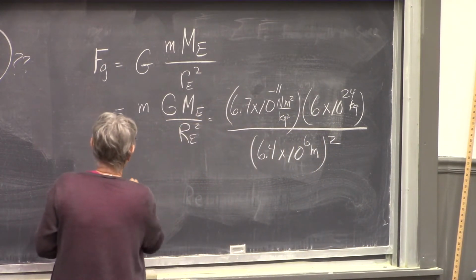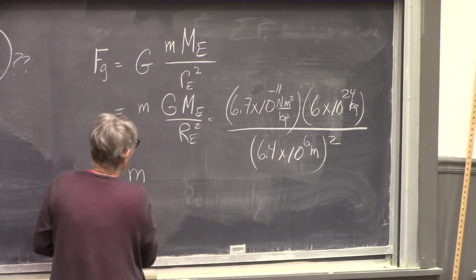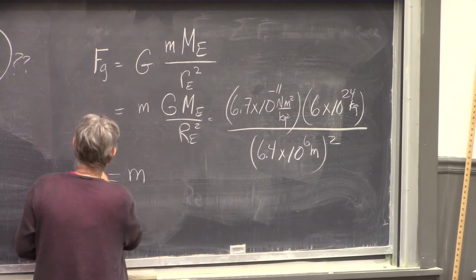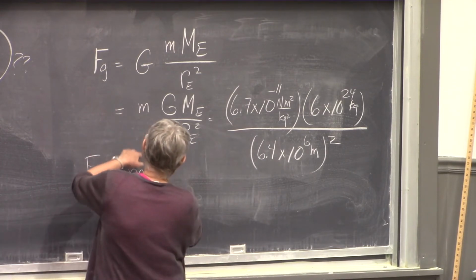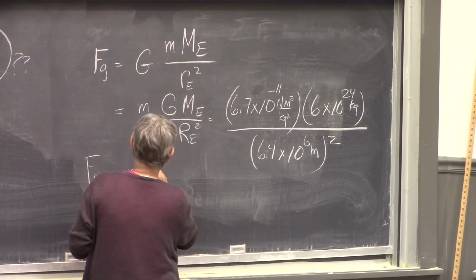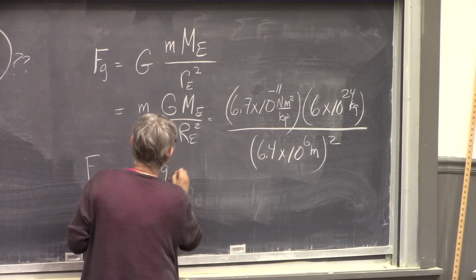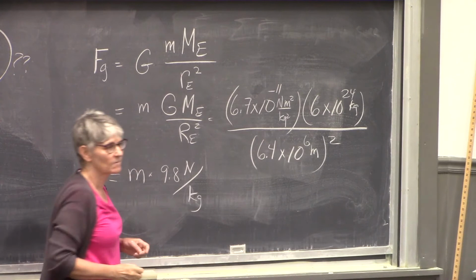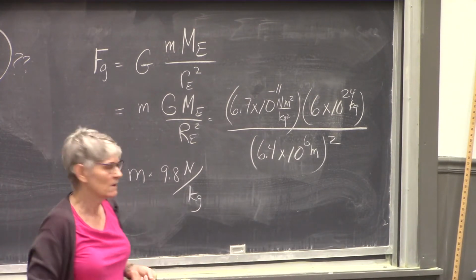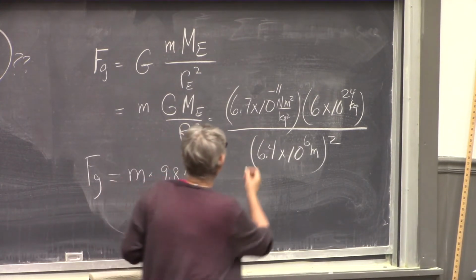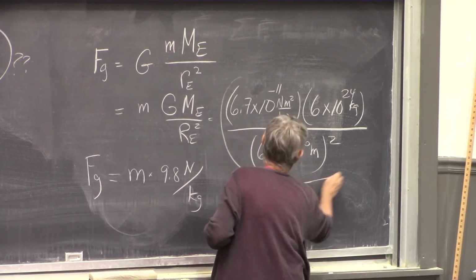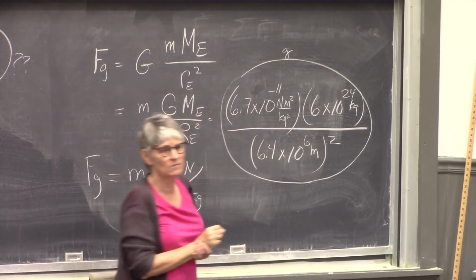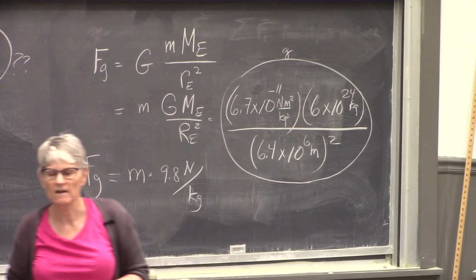And so if we work that all out, we get that this force is equal to the mass of whatever our object was times 9.8 newtons per kilogram. So this whole thing is the thing we call little g.